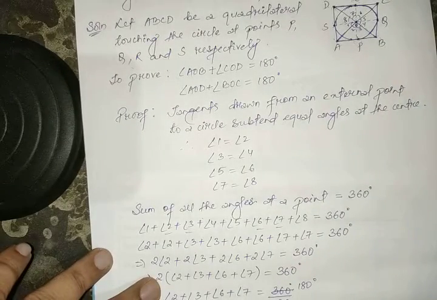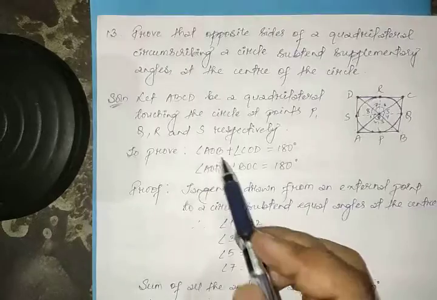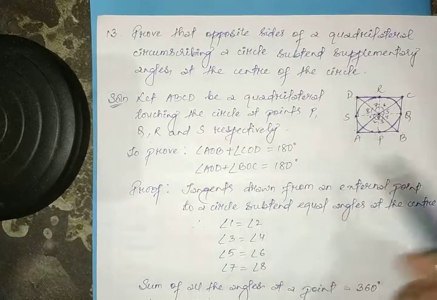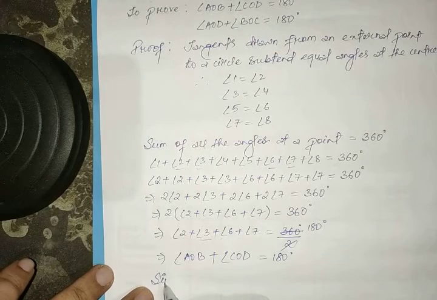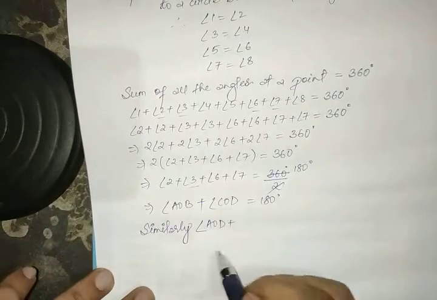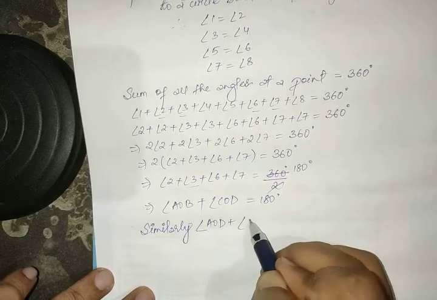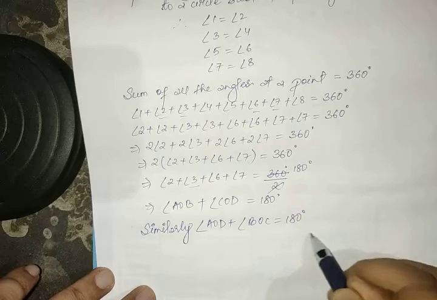So angle AOB plus angle COD is equal to 180 degrees. That we had to prove. Similarly, we can prove it for the other pair, so I don't need to prove it again, I can just write: similarly angle AOD plus angle BOC equal to 180 degrees. Proved.